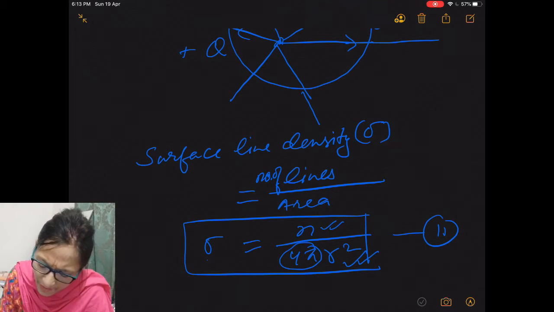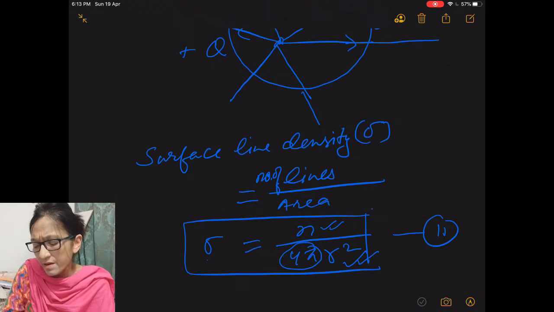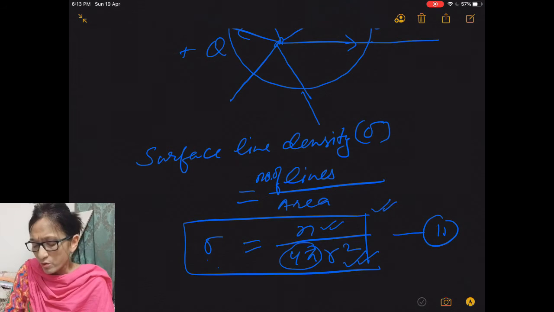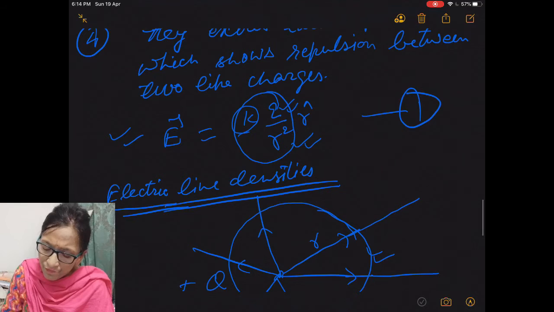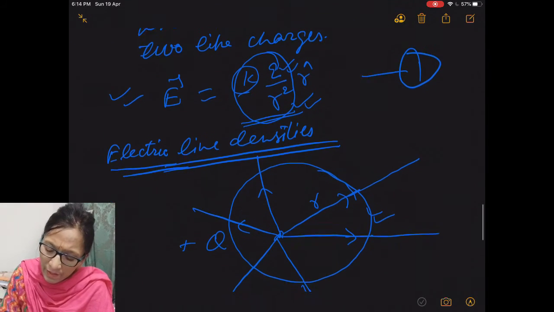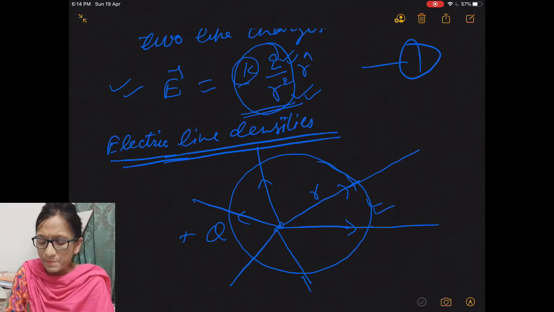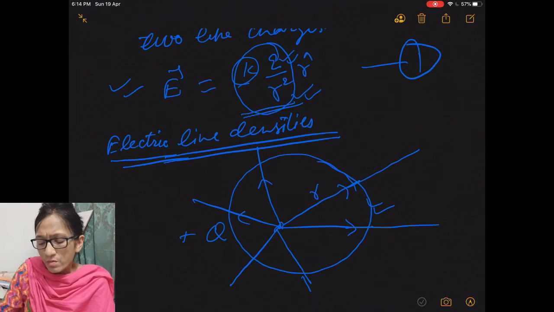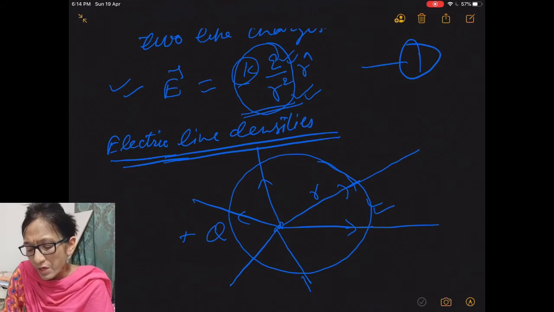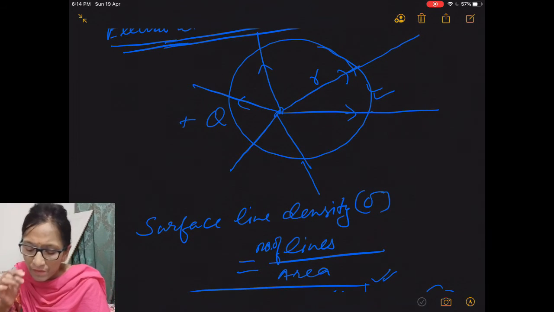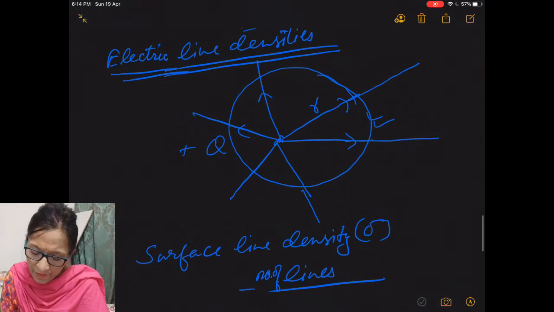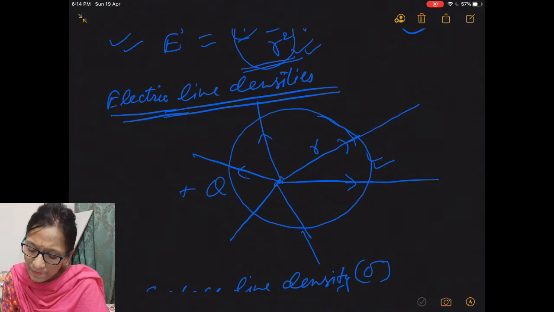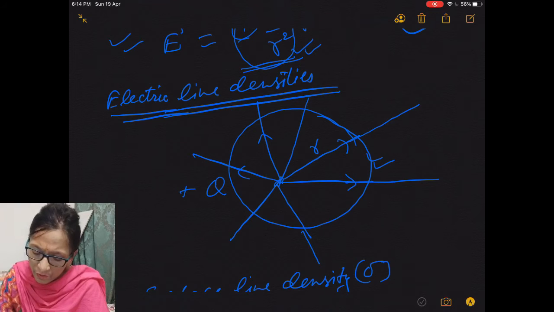So it will be related to charge also. So mathematically we find that line densities are very much similar to the magnitude of electric field. So electric field can be pictorially very clearly represented by surface line densities, and I am showing you.